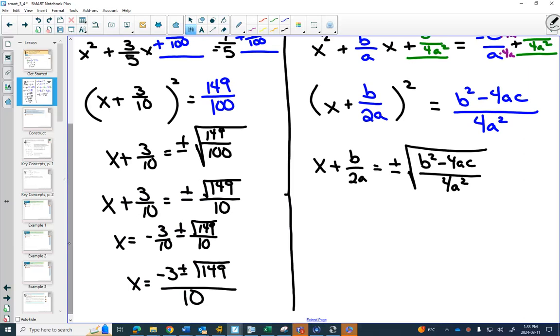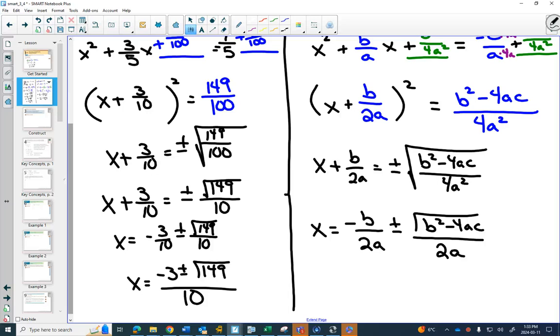And here we notice, okay, I can move the b over 2a to the other side, plus or minus, and on the top, I can't simplify that, but the bottom is a perfect square. What's the square root of 4? 2. What's the square root of a squared? a. Technically, square root of a squared should be absolute value of a, but this was in a big fraction.